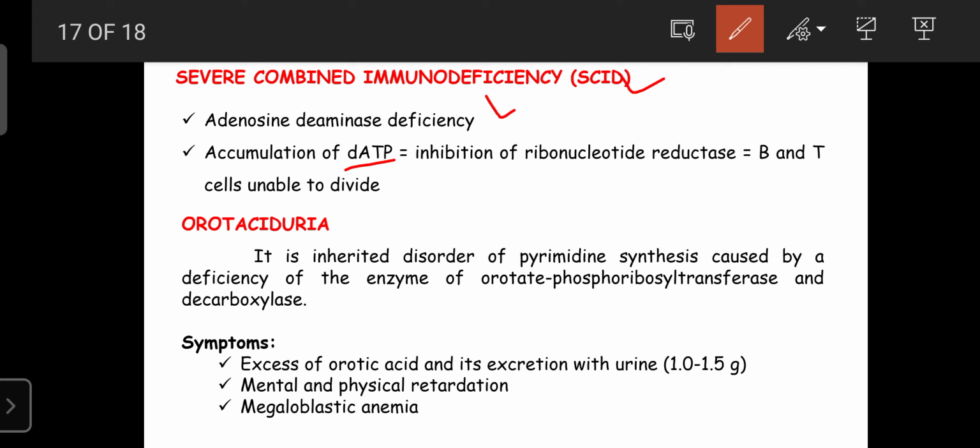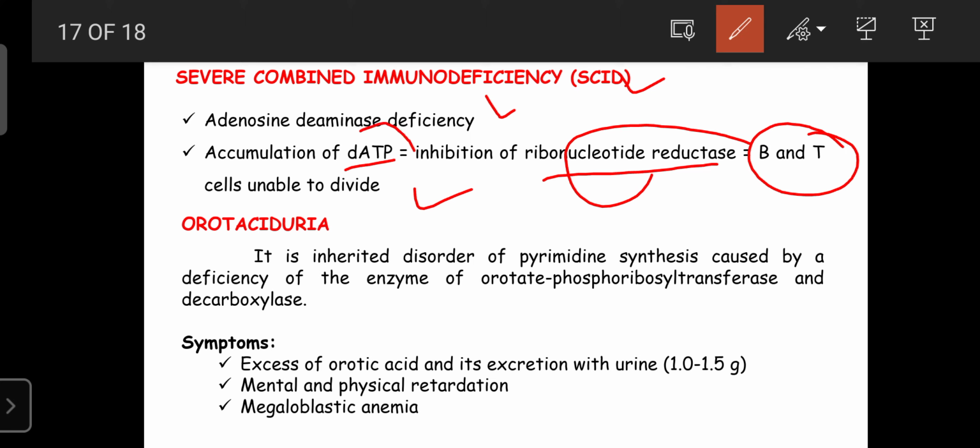Then this dATP can inhibit ribonucleotide reductase, and it can also inhibit the multiplication of B and T cells. So they are unable to proliferate due to inhibition of ribonucleotide reductase or accumulation of dATP. Then our immunity severely decreases. That condition is known as severe combined immunodeficiency or SCID.